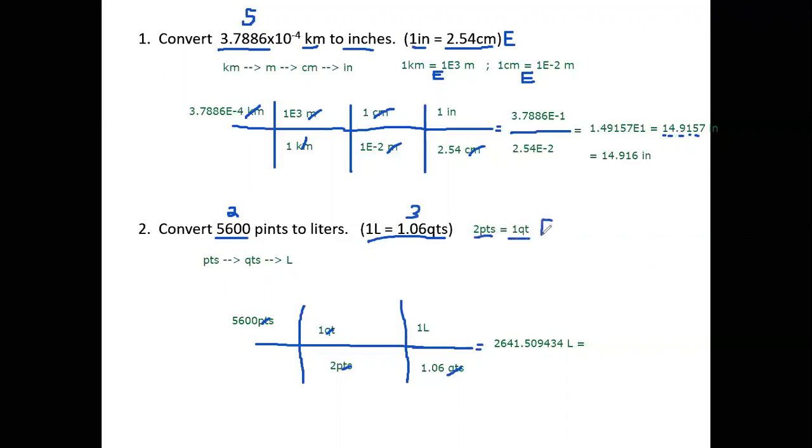This is exact because it's in the English system of measurement. So we need to round to 2 significant figures. 1, 2. After the 6 is a 4, so it's just going to be 2600, or 2.6 times 10 to the third.